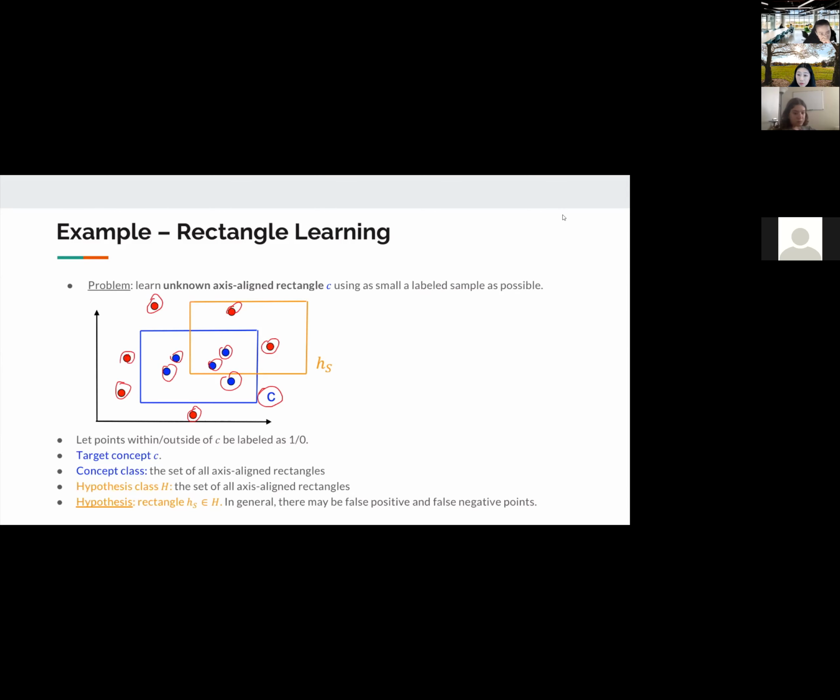If it is within the blue rectangle, it is positive. When it's outside, it's 0. Is that clear? So the target concept is C, and the concept class is the set of all axis aligned rectangles. Then the question here is, what is your hypothesis class? Sometimes you don't even know the concept class, so you don't necessarily know that you have to learn a rectangle.